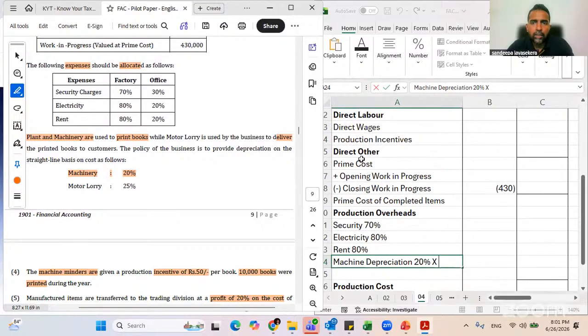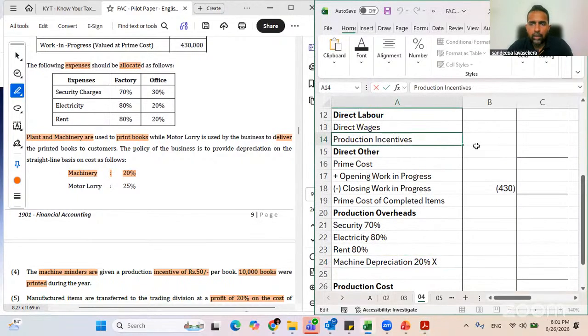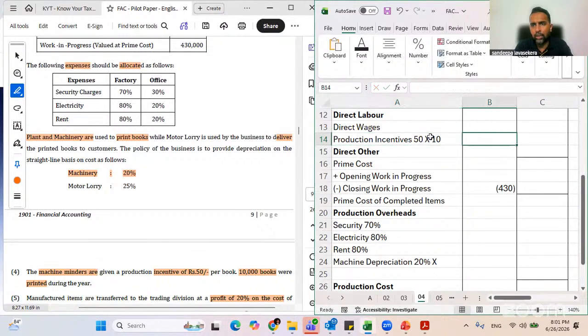Then the minder's incentive, how much is that? It's 10,000 books. So we are giving 50 for 10,000 books. I'll be taking it in thousands.